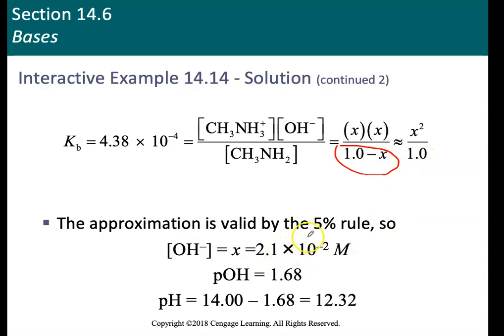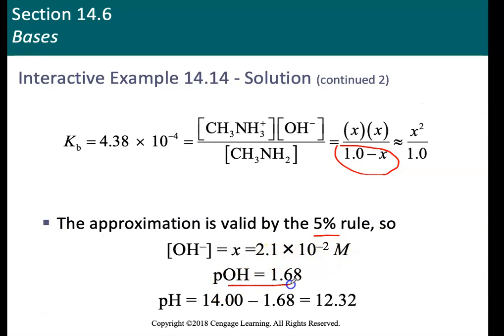It must be valid if it's less than 5%. So the approximation is tested, and you can verify that it is less than 5%, so it is good. Now you can work out the OH concentration. OH is equal to x, which is 2.1 times 10 to the power minus 2.